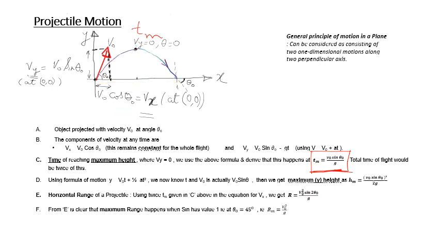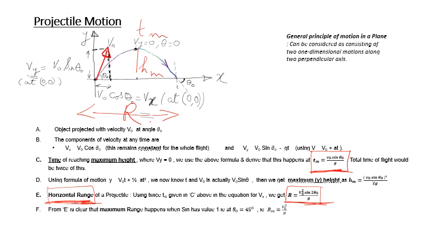Simple application formula, and that is what is given here. Again, you can remember this formula for horizontal range, using the logic I just explained, and you will get this value. So this r means the horizontal distance, this is that r, right? This is r, this is hm, and this is time tm.